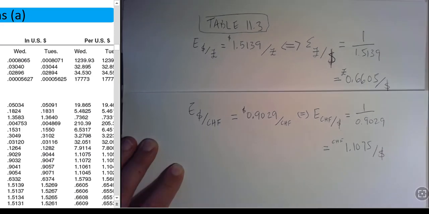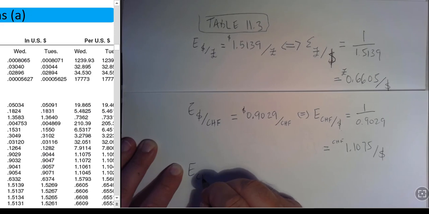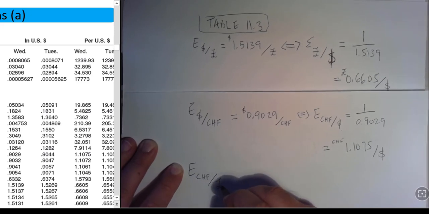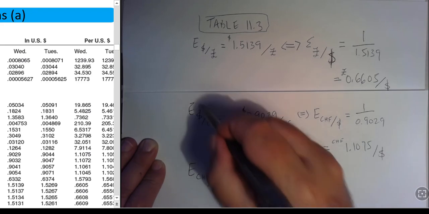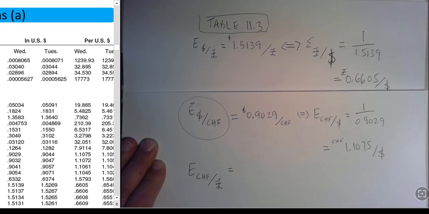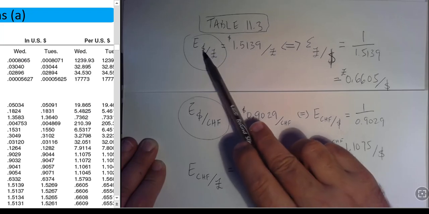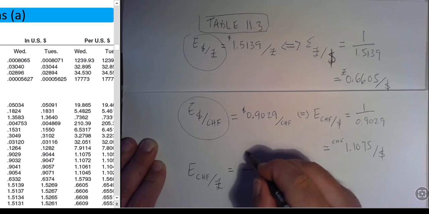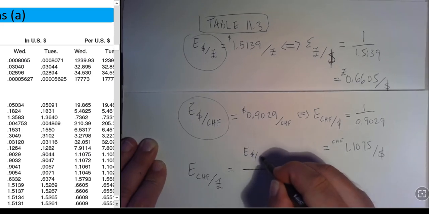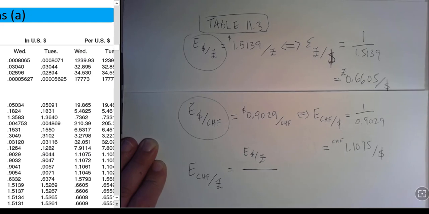Now let's say that I want to figure out how many Swiss francs I need to buy a pound, so a cross exchange rate. Which quotes do I have? Well, I know how many dollars I need per Swiss franc, and I know how many dollars I need to buy a pound. And I'm trying to figure out how many Swiss francs I need to buy a pound. So what you do is you put the dollars per pound on the top.